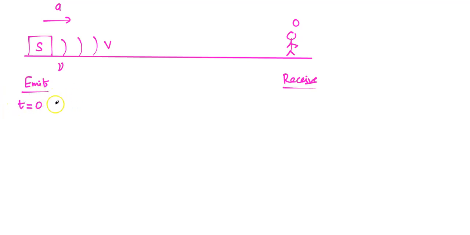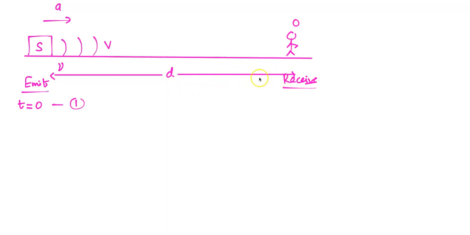Okay, this is the first wave that the source emits, and let's also assume another variable that is not part of the problem, and that is the distance between the source and the observer initially. So let's assume that's d. So the very first wave emitted by the source is at t equal to 0, and when is this wave going to reach the observer?